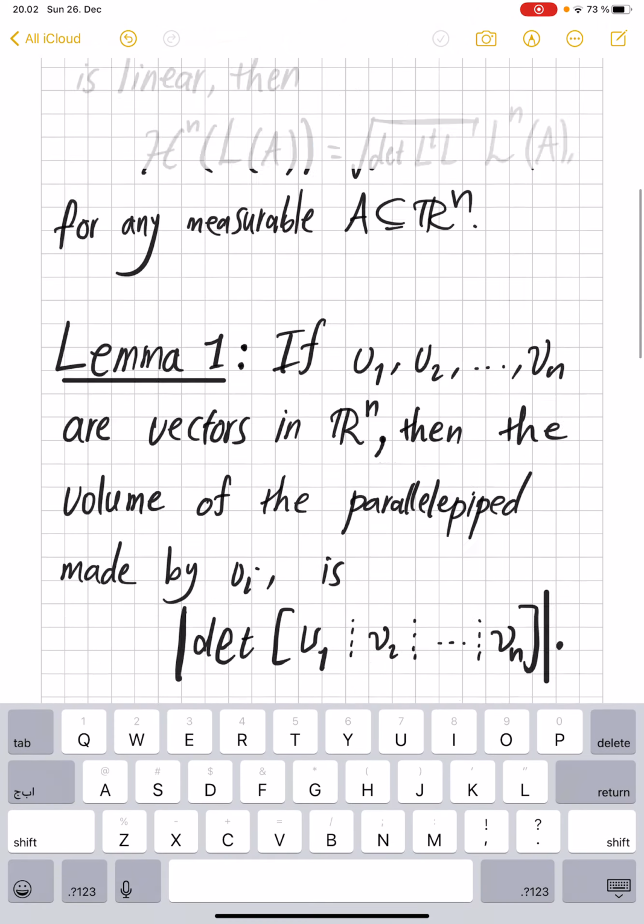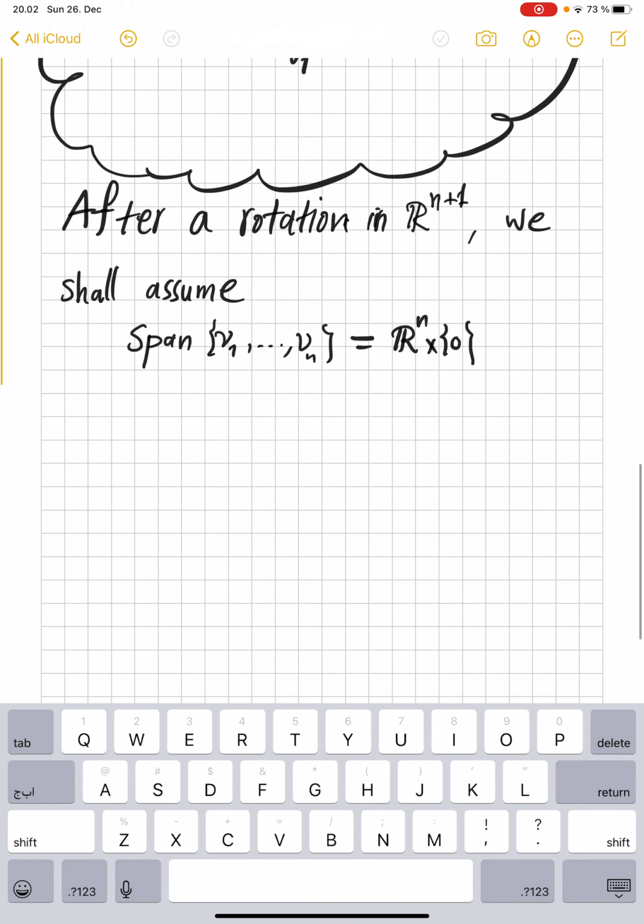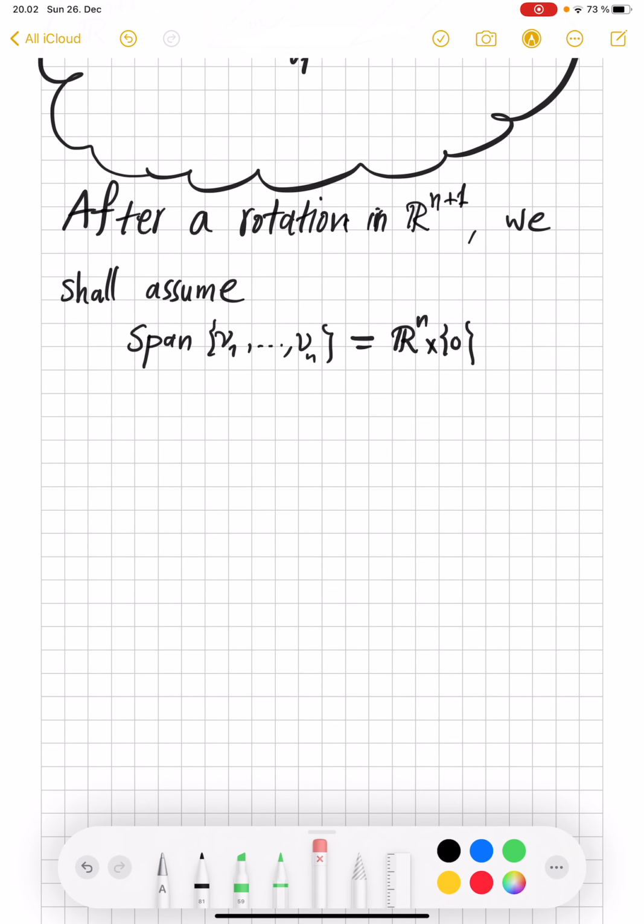In other words, vi can be written as vi1, ..., vin, and 0 for every i.